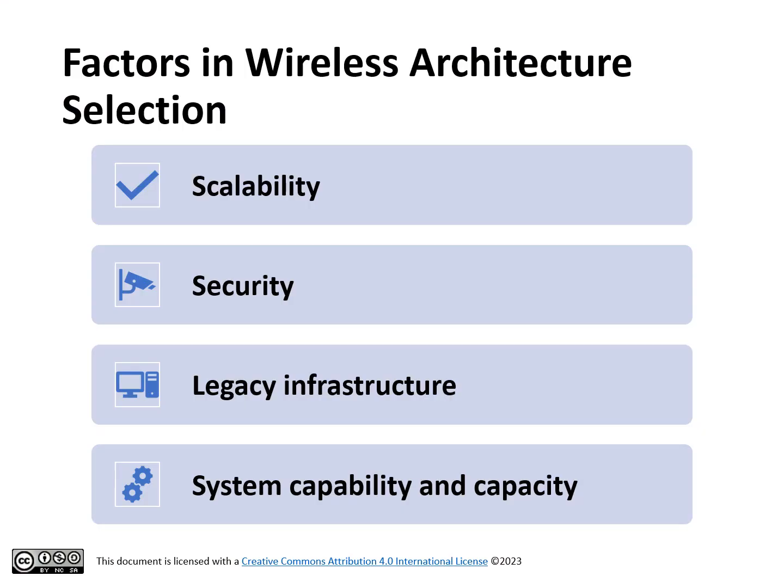The critical factors in designing and implementing an ICS wireless architecture include the following. Scalability. The ICS wireless architecture may start small. However, a provision for future expansion must be in place. Security. It is imperative that security must be one of the primary considerations and not just an afterthought when designing an ICS wireless architecture. Legacy infrastructure.